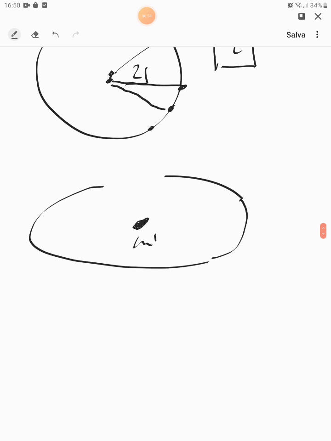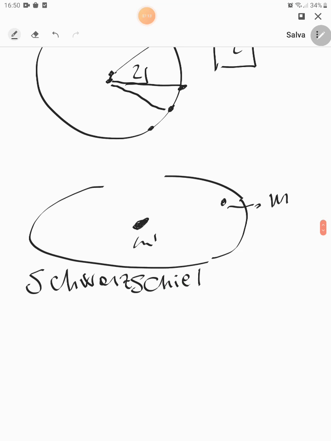But there is another body, with mass m, and this body can move in this Schwarzschild spacetime.